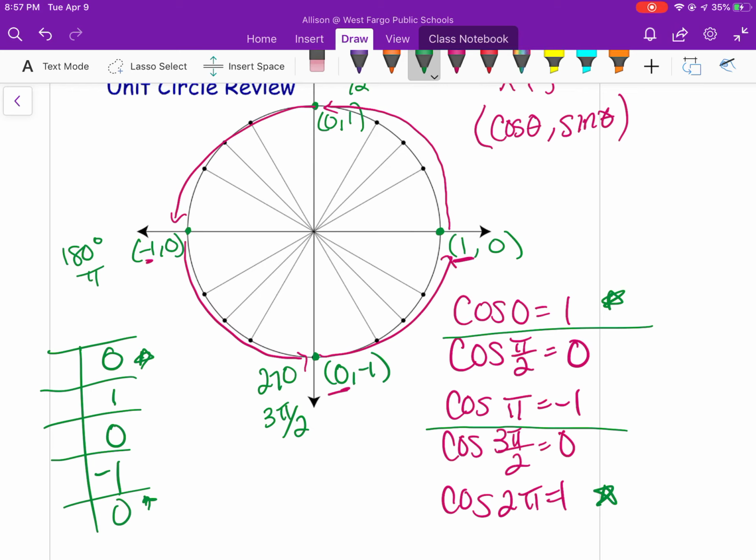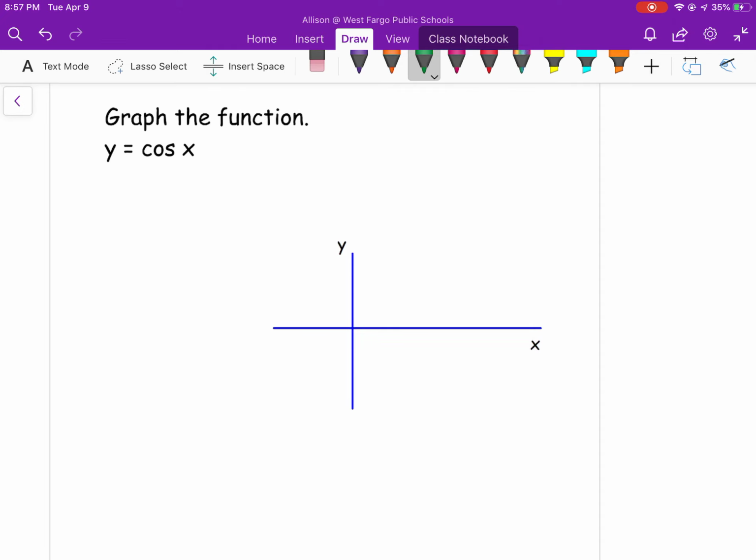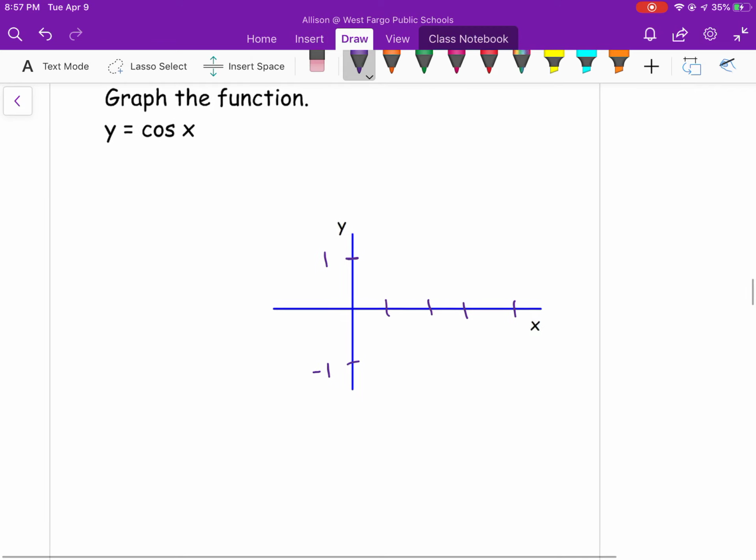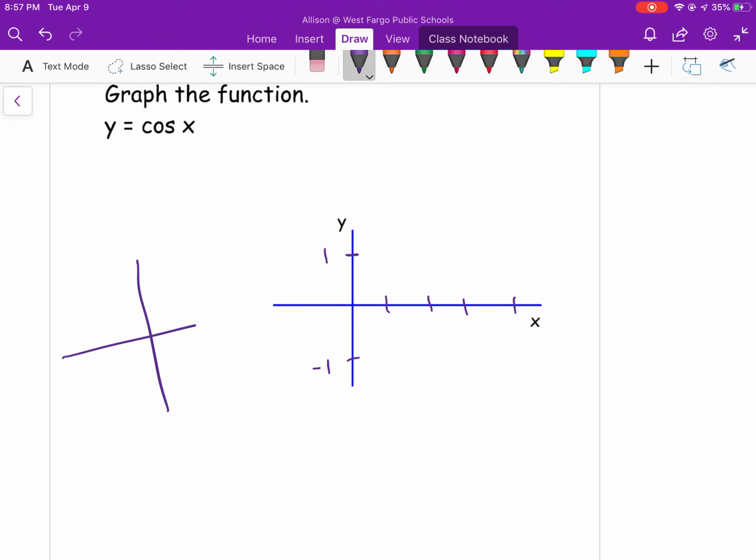We're going to use that unit circle, that full circle, to make one cycle and graph the cosine function. Like what I showed you in the unit circle, it's going to fluctuate between 1 and -1. There are 4 standard intercepts. Those correspond to these points: the 0, pi over 2, pi, 3 pi over 2, and 2 pi.